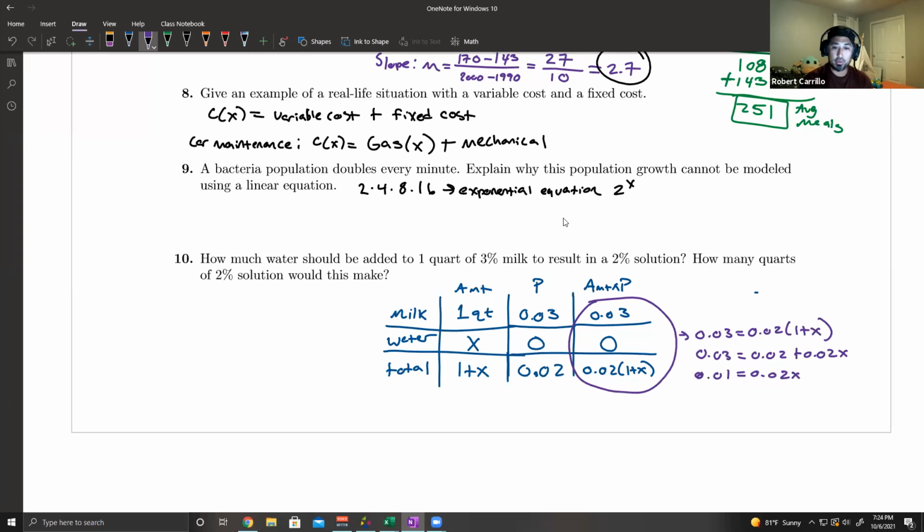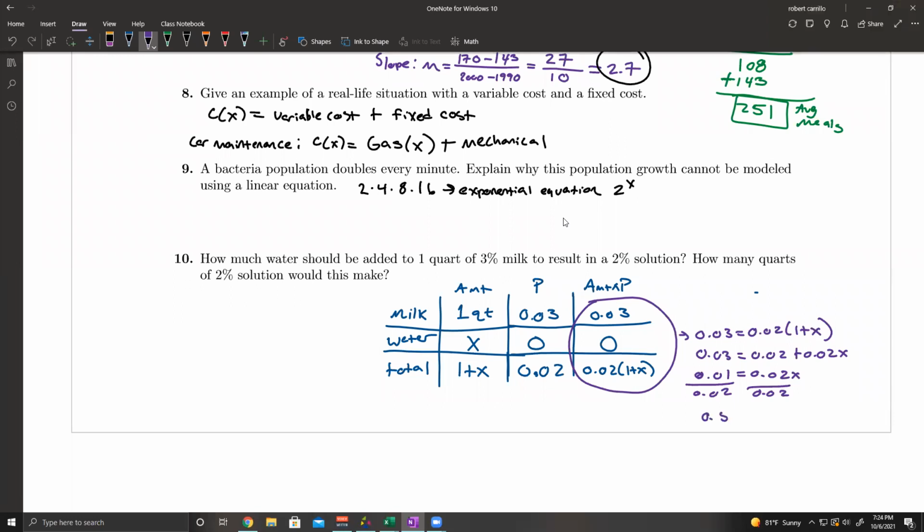Then you will divide by 0.02. And 0.01 over 0.02 leaves me with what? Point 5. 0.5. So you get 0.5 equals x.